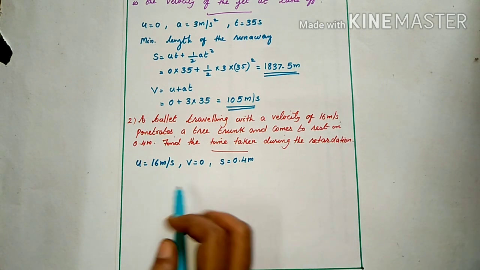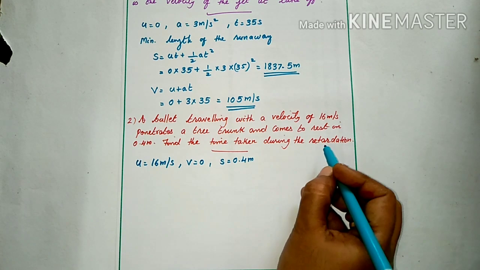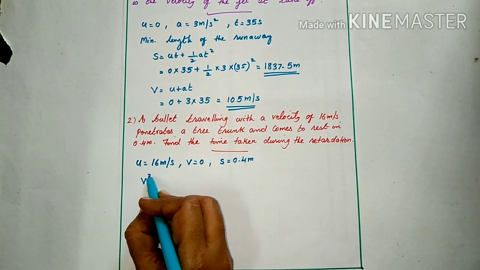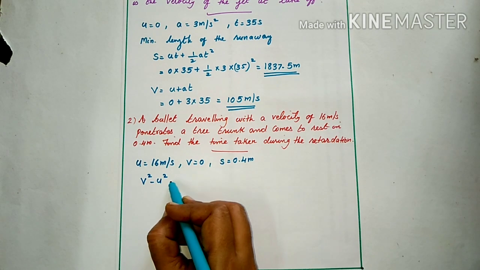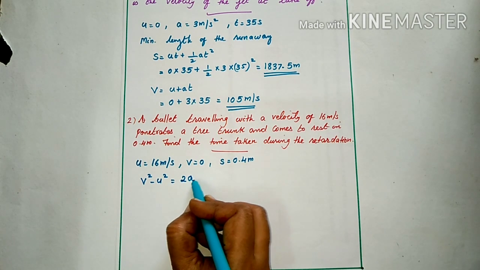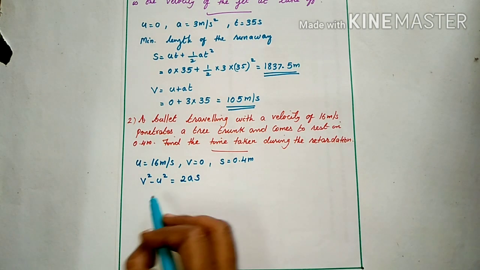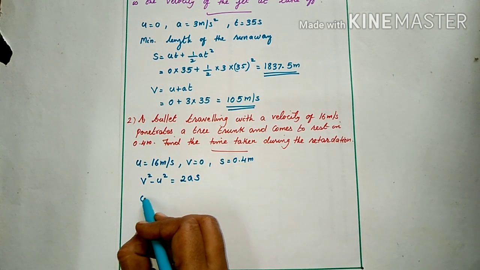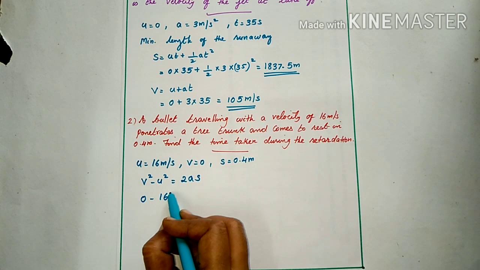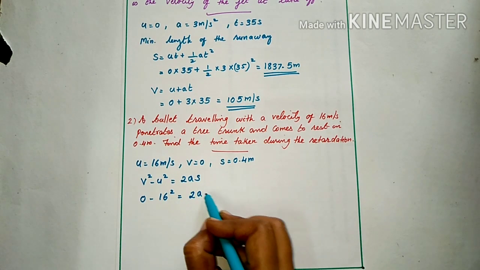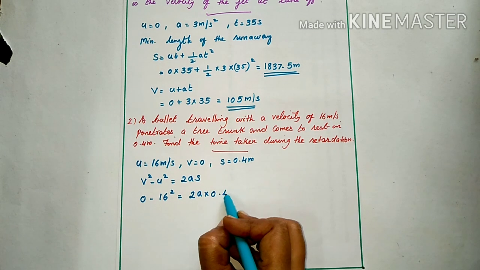We can calculate the acceleration, that is the negative acceleration, using the equation v square minus u square equal to 2as. Then we substitute all the values: 0 minus 16 square equal to 2a into 0.4.